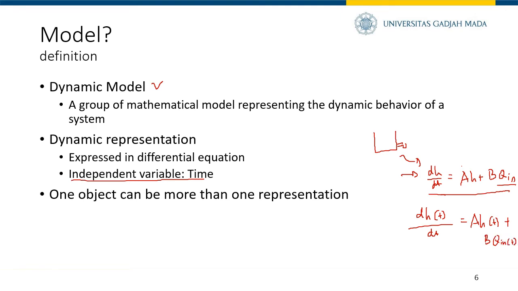One object can have more than one representation. So actually, if we want to bring this kind of physical device and convert it to an equation, of course we need several assumptions.